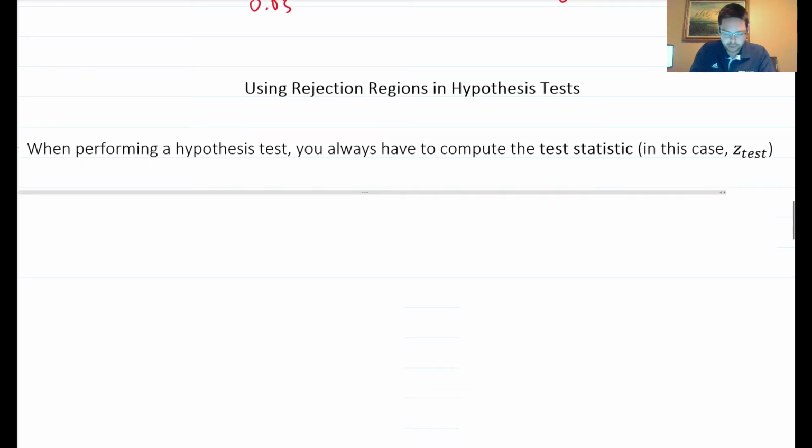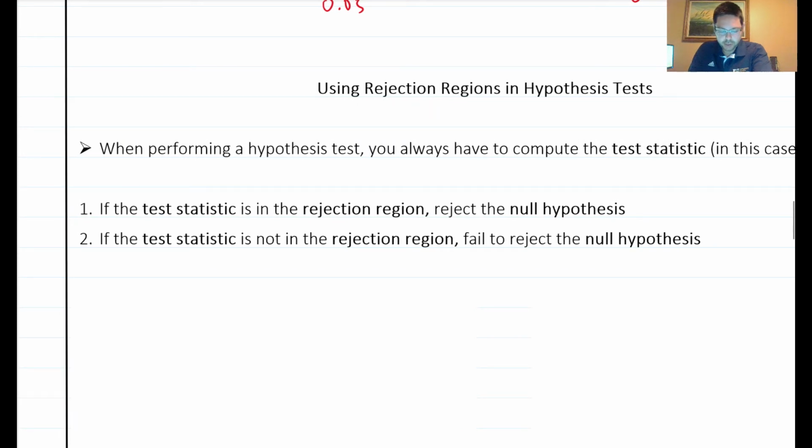I'm going to reiterate that formula in a little bit so that you have it with you. But once you calculate the test statistic, if it's in the rejection region, then you reject the null hypothesis. If the test stat is not in the rejection region, then you fail to reject the null hypothesis. And it's as simple as that.